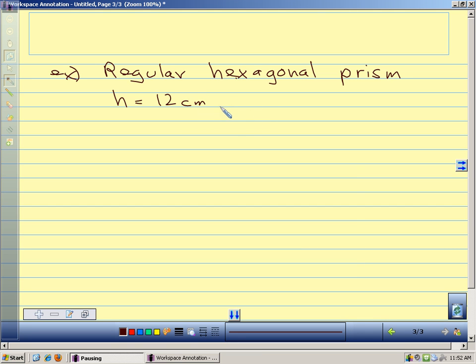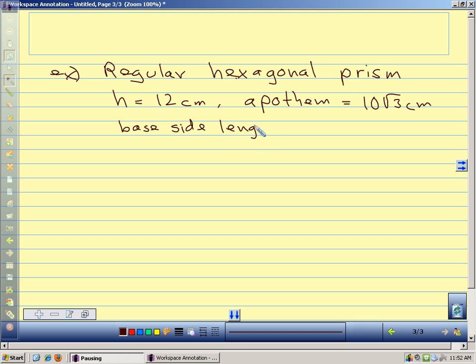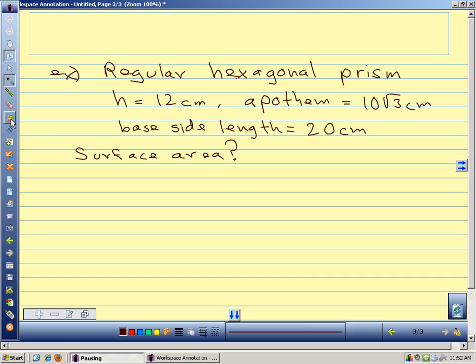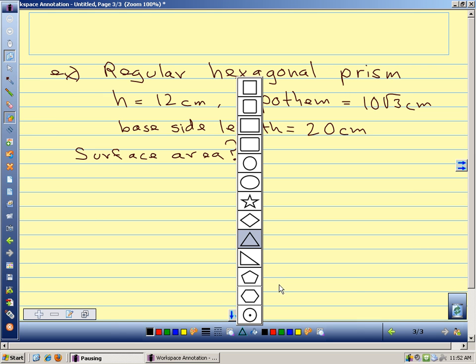Our apothem equals 10 times the square root of 3 centimeters. And the base side length equals 20 centimeters. And we want to find the surface area. So if we were to draw a quick picture of this, of what we're talking about here, do I have a hexagon here? I do. There we go.